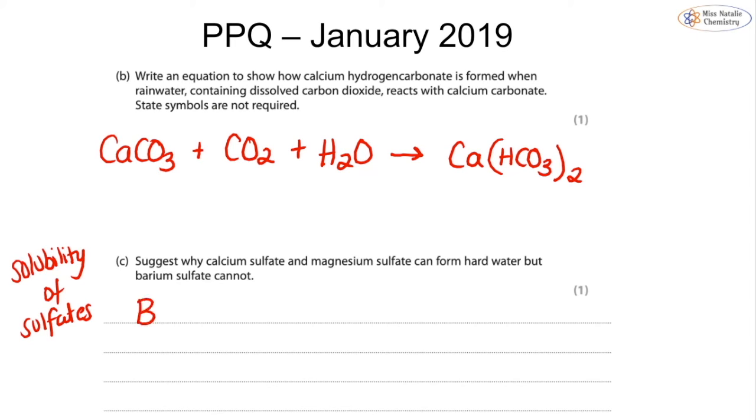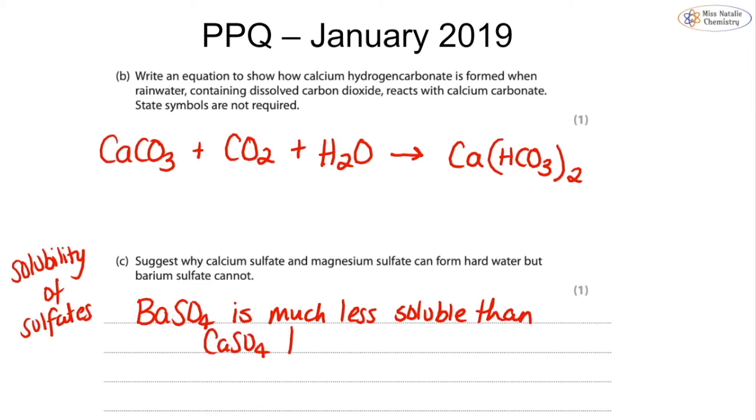So we simply say that barium sulfate is much less soluble than calcium sulfate or magnesium sulfate. Okay, you can also say that barium sulfate is insoluble, or you can even refer to the trend and say that the solubility of sulfates is going to decrease down the group. All of these would be accepted for that 1 mark.